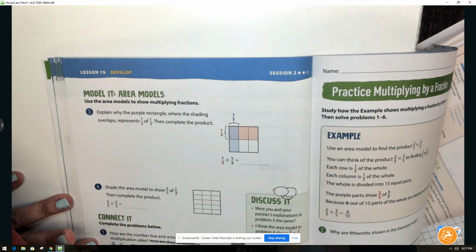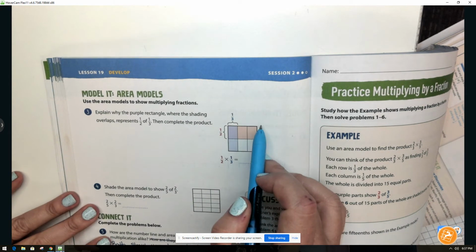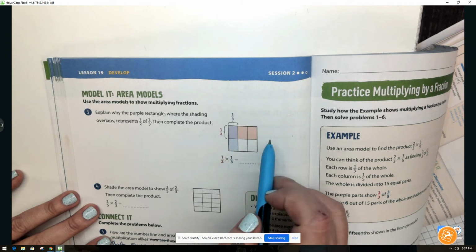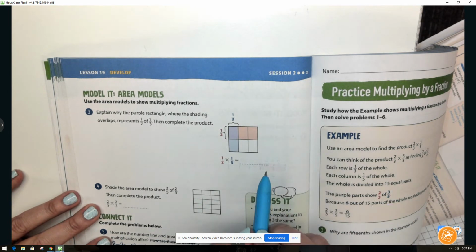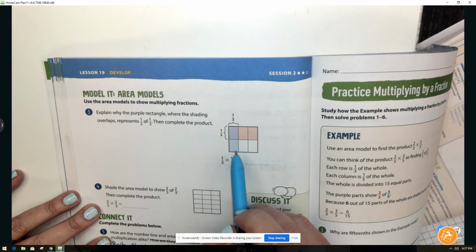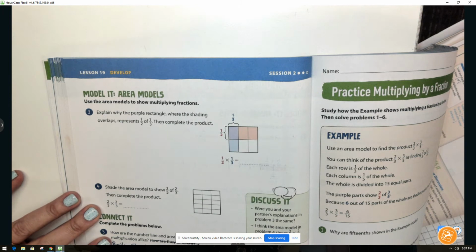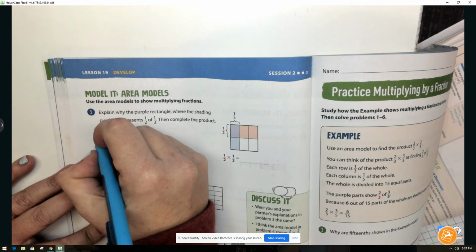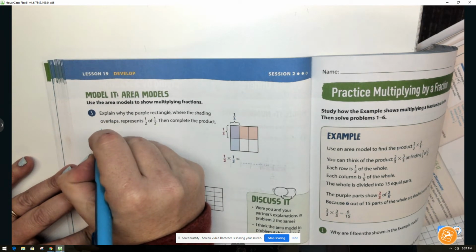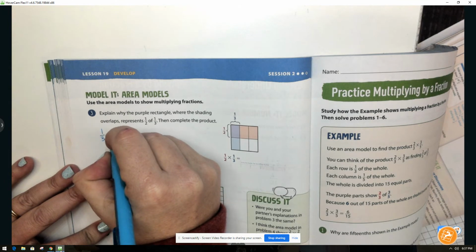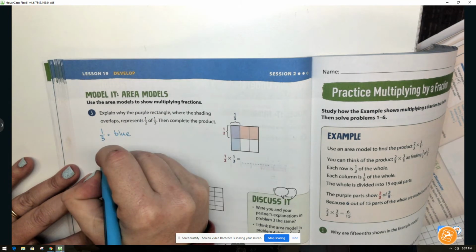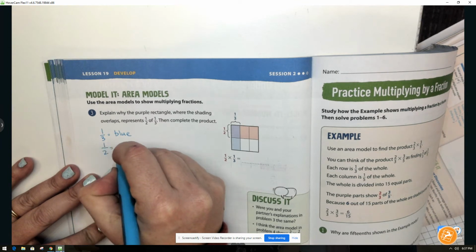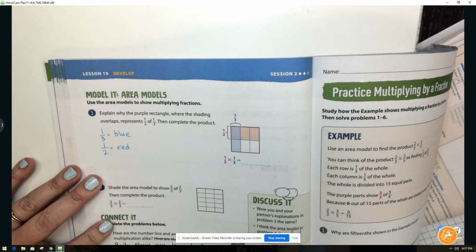Let me explain this to you. So in this area model, it's a little hard because they've already shaded it in for us. But in this area model, we have at the top in blue. We'll start with the blue. So 1/3 is in blue, and 1/2 is in red.